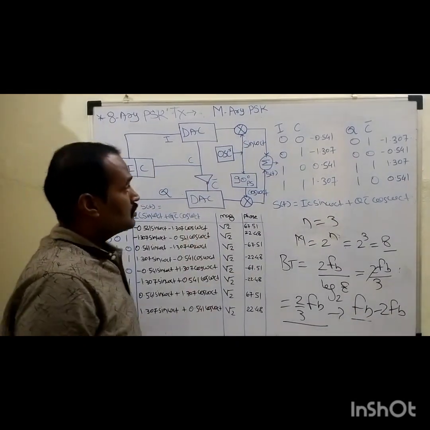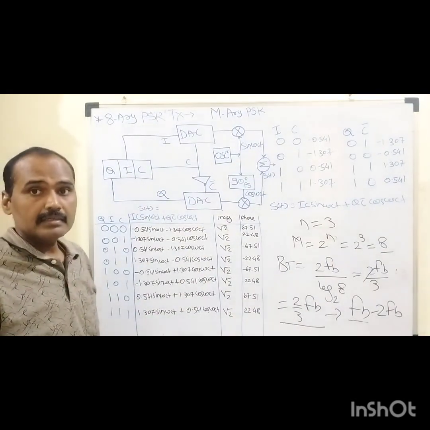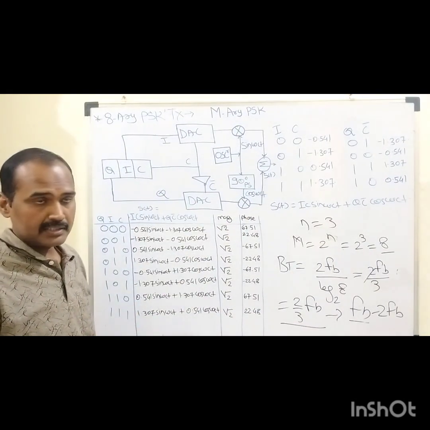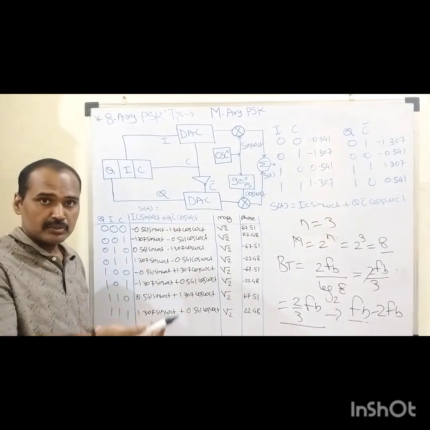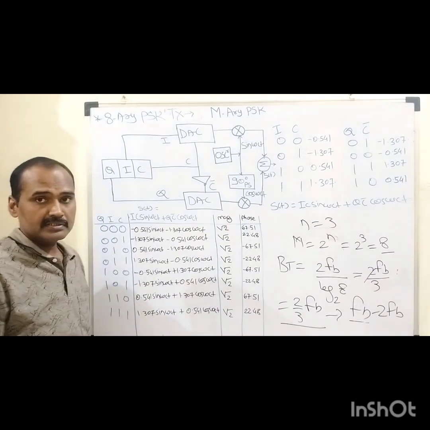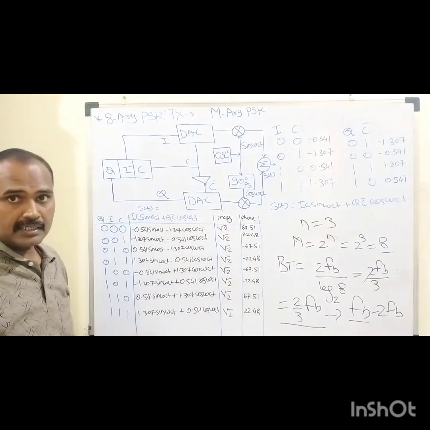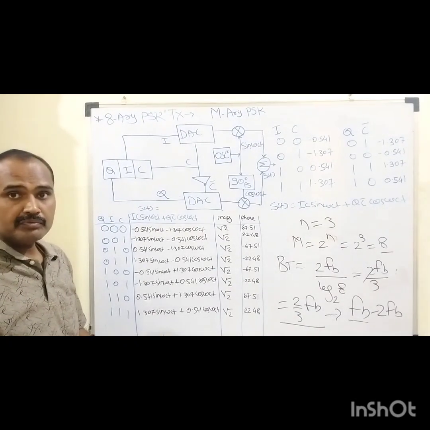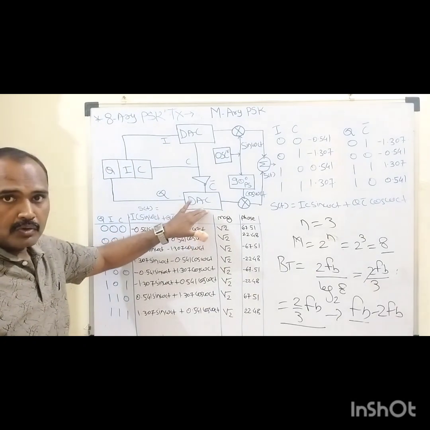So let us quickly go through how this 8-ary phase shift keying modulator, or the transmitter, works, right? As I told you earlier, these are the 8 different symbols which we are supposed to transmit with the help of this 8-ary PSK. This modulator consists of 2 identical channels, the upper one and the lower one.